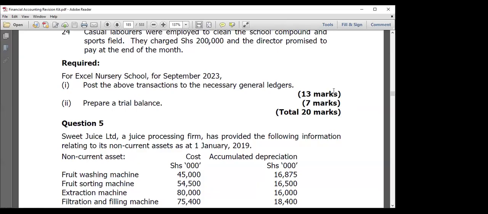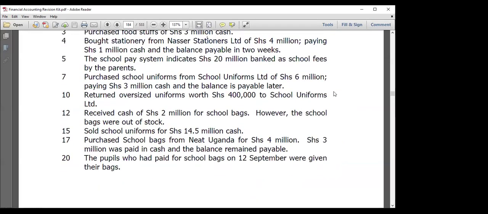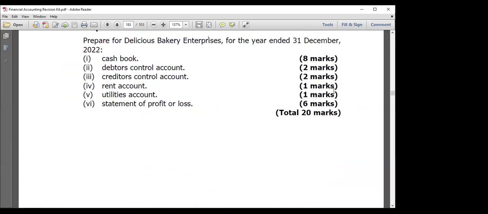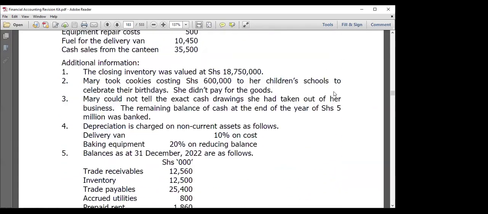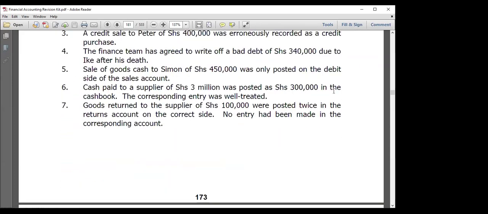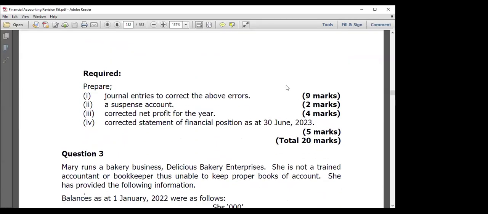Then let me see whether we have a number to do with errors, still in the same sitting. Required, prepare journal entries to correct the above errors, a suspense account, corrected net profit, corrected statement of financial position. This one you needn't worry because we shall look at it when we look at the statements.